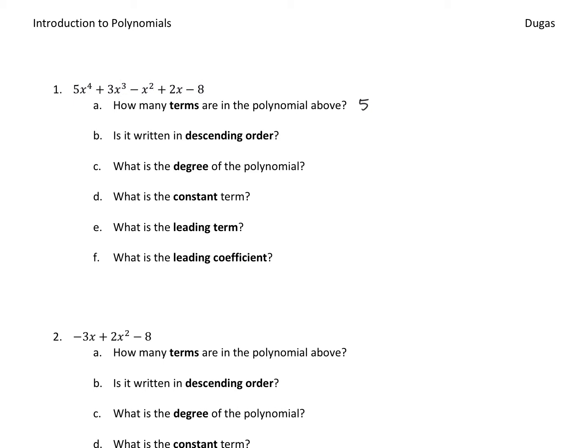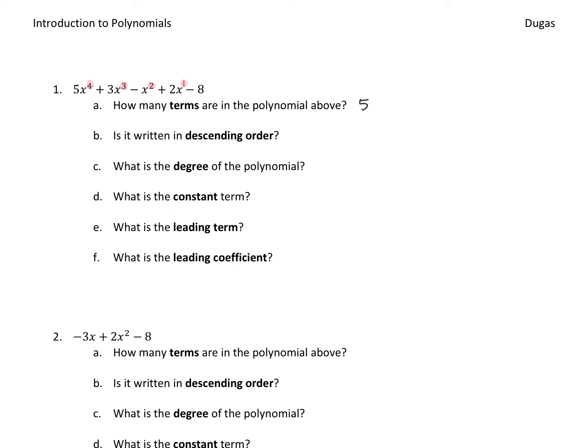Part B, is it written in descending order? So descending order is referring to the exponent. Descending means going down. So it wants to know, are the exponents going down as you read the polynomial from left to right? Yes, the first exponent is 4, then a 3, then a 2, then there's not an exponent written, so that's understood to be a 1.